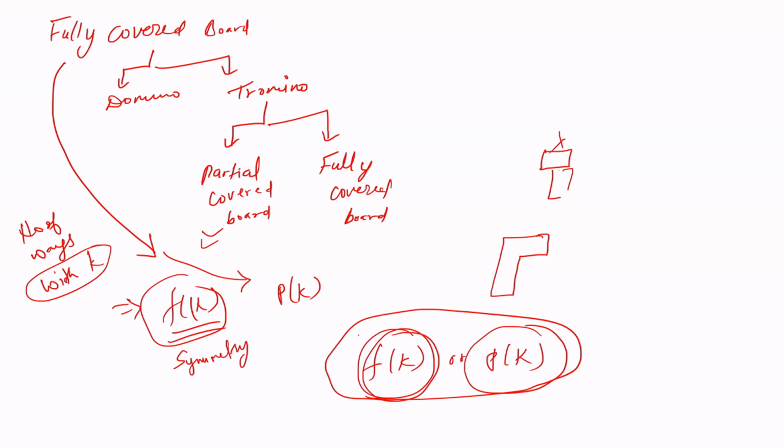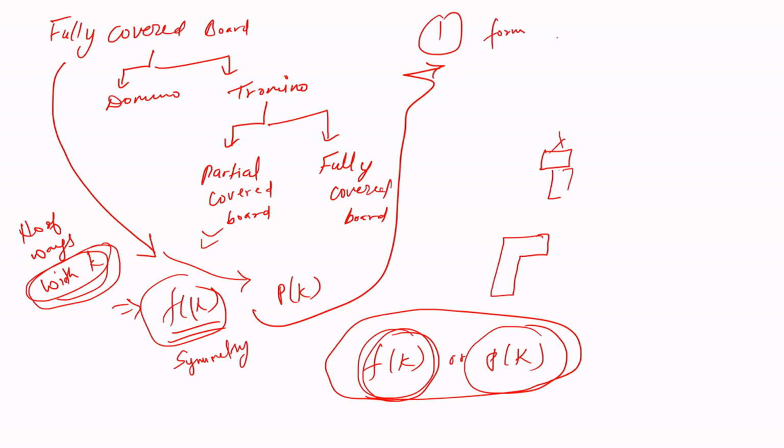So all of the ways to arrive at the fully tiled board of width k, right, there are two possibilities. If I write here, what will happen? Either we will form f of k minus 1, correct?